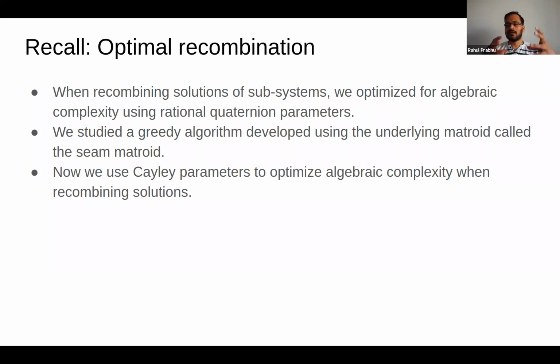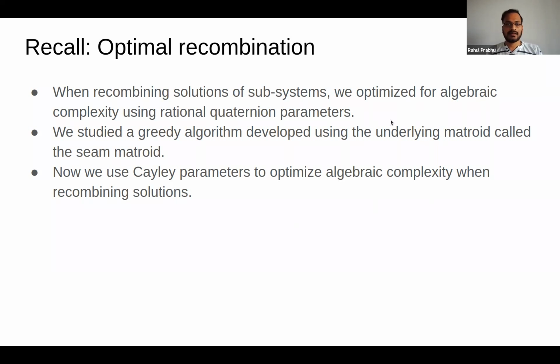You're doing a bottom-up building to go from your solutions of your subsystems to the original graph. We saw that if you do this recombination in a naive way, your algebraic complexity can really grow.